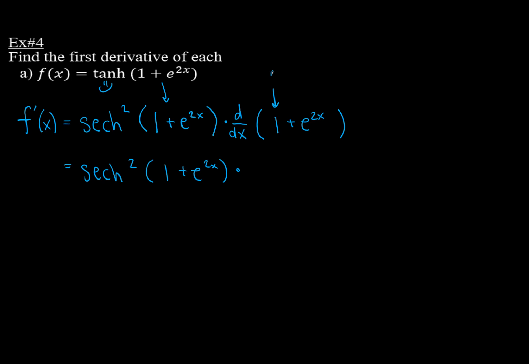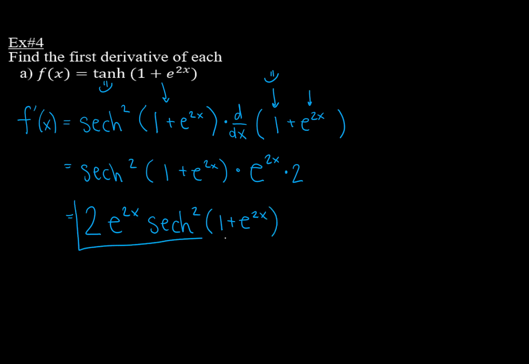All right, the derivative of 1 is 0. The derivative of e to the 2x is e to the 2x times 2. And then the last thing we do is we simplify. So I've got 2 times e to the 2x, and then I've got my hyperbolic secant function with my untouched argument. And that is equal to f prime of x.